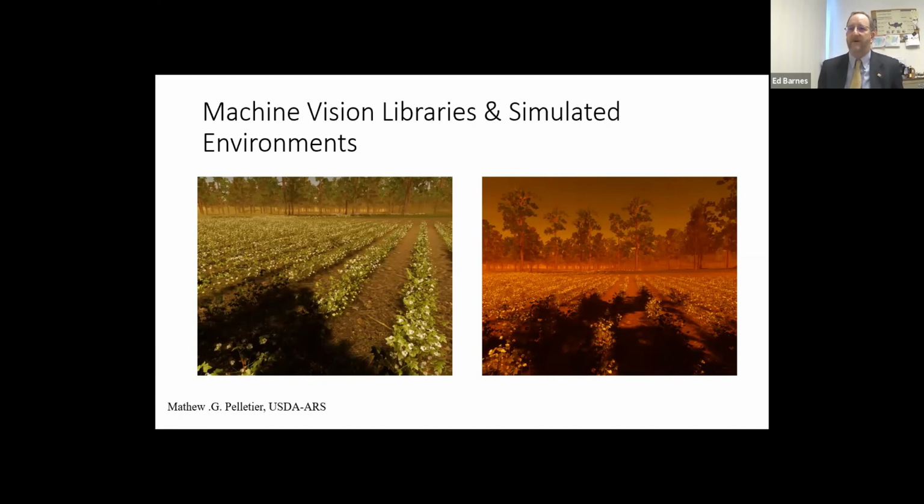These pictures here are not actual cotton fields. They are a simulated cotton field that Dr. Pelletier has generated. And you can see these two different conditions, how he's able to change the lighting conditions, change the shadows. And so I think this is going to be really important to accelerating our ability to do machine vision work in cotton.